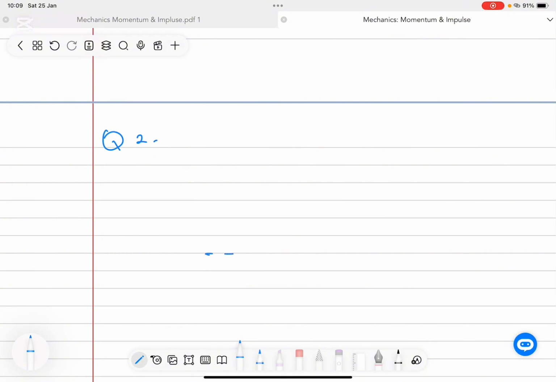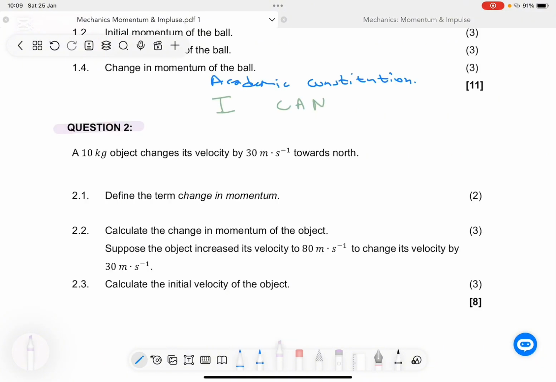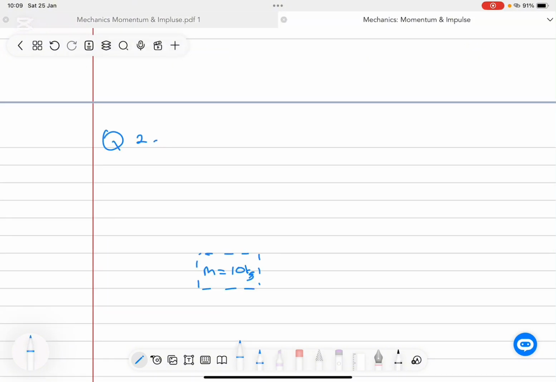We are saying here that we have an object that has the mass equals to 10 kg. So m is equals to 10 kg. And we say that this object changes its velocity by 30 meters per second.